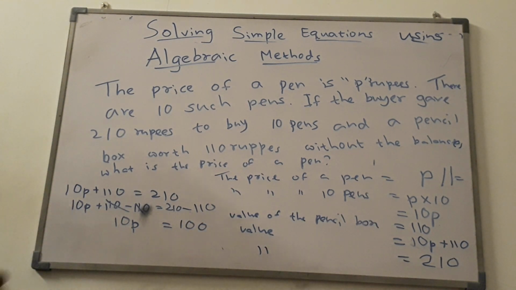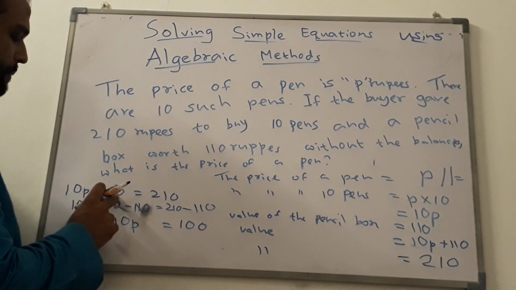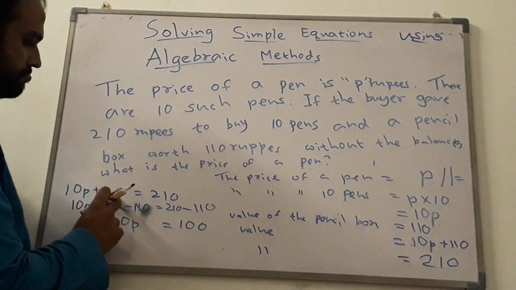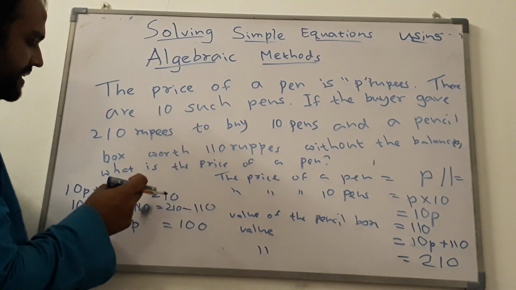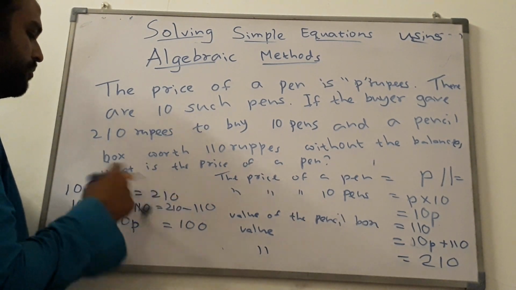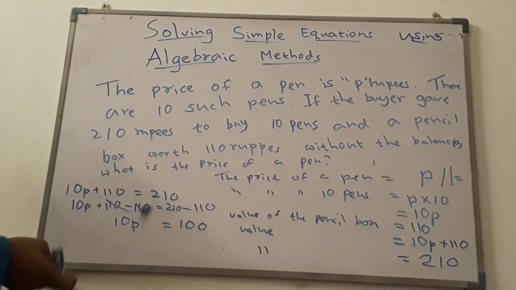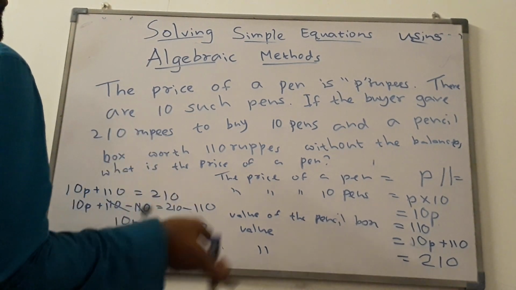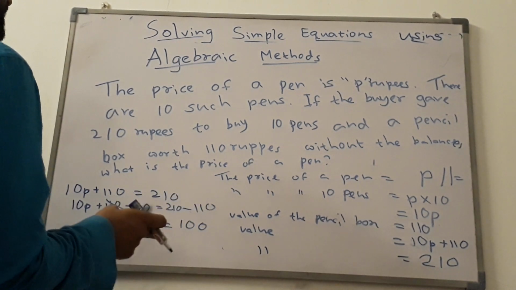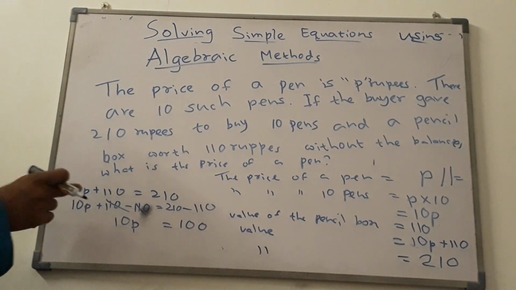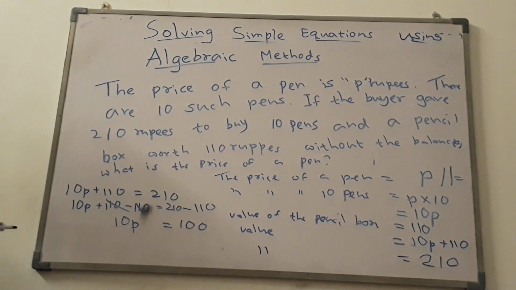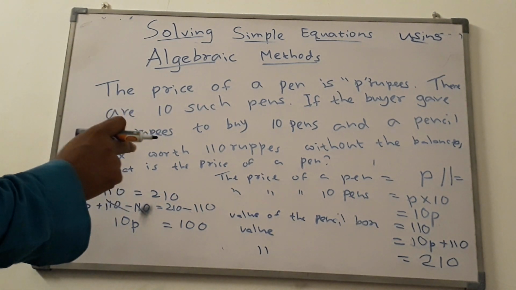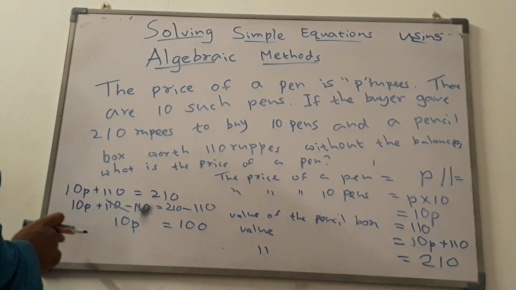We removed 110, the price of the pencil box, by subtracting it from both sides. 210 means the total price of 10 pens and the pencil box together, in figures. But 10P plus 110 is also the same price in terms of P.